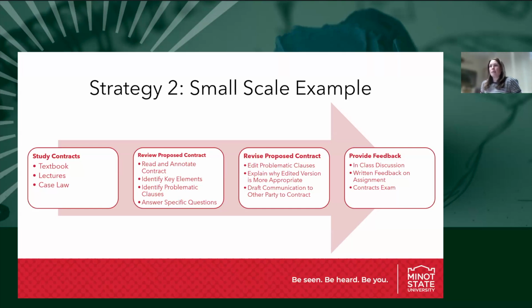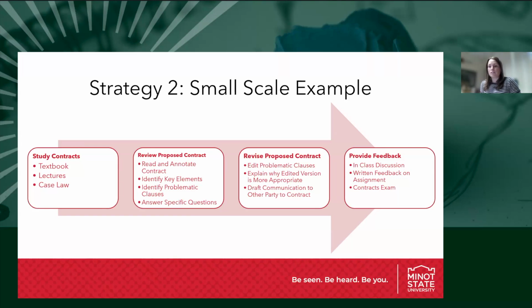But we don't stop by just reviewing the textbook and lecturing about those different concepts. The next thing that we do is I have students review a proposed contract. And so I draft a contract myself and provide a contract that might actually be applicable to them at some point in their future. So I've done a lease for their accounting business.